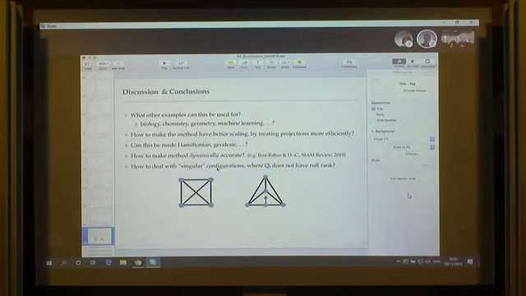We're working on trying to make it dynamically accurate. And an issue that I find very intriguing is when constraints become linearly dependent. I'm showing some examples here of graphs in 2 dimensions for which the edges are linearly dependent, and how do we deal with those in a sampler?